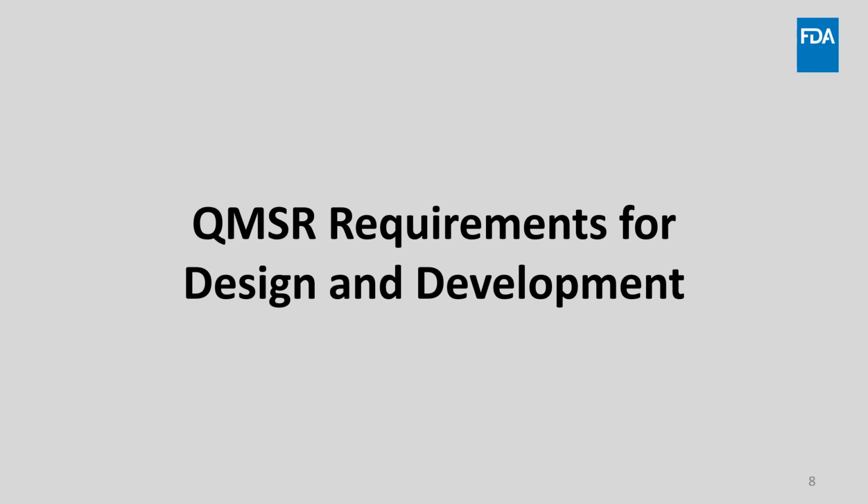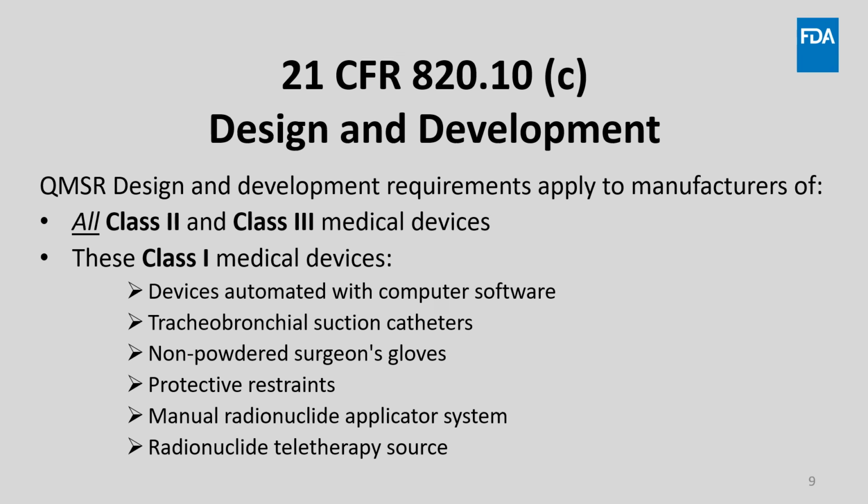Now let's talk about Quality Management System Regulation requirements and walk through a hypothetical example for design and development. Design and development is codified in the Code of Federal Regulations, or CFR, Part 820. FDA uses a risk-based approach for the application of design and development in 820.10(c).